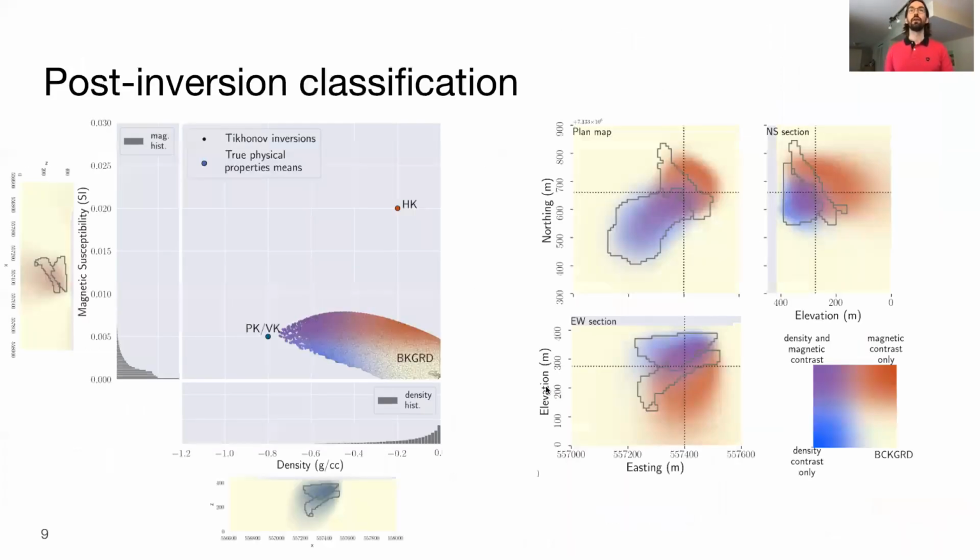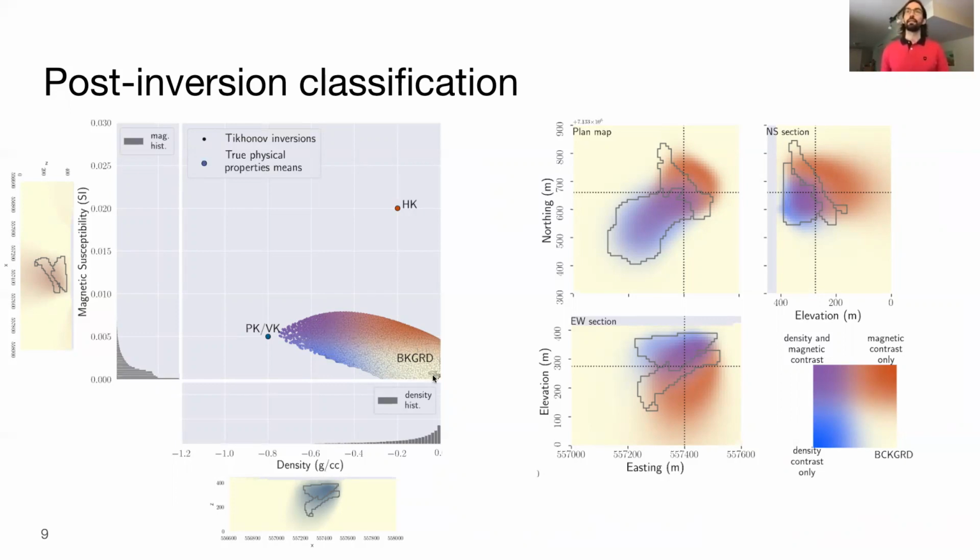So if we want to go back to some sort of a geology model after that, we can do a post inversion classification. So here I'm plotting, for example, the scatter plot of the two models. And as we see here, we have a continuous range of values as we expect from that type of inversion.